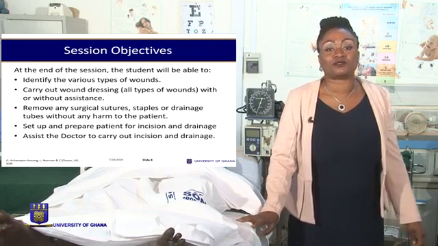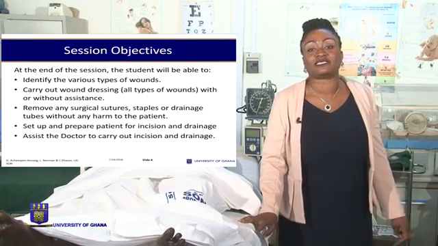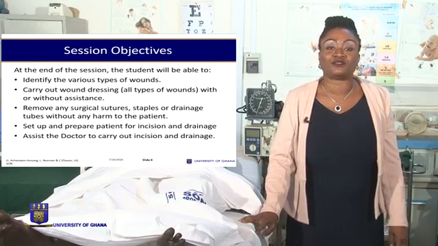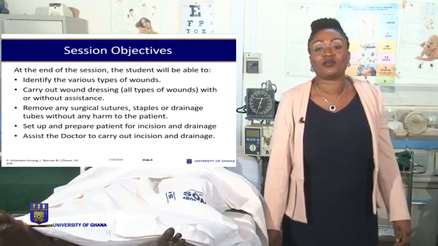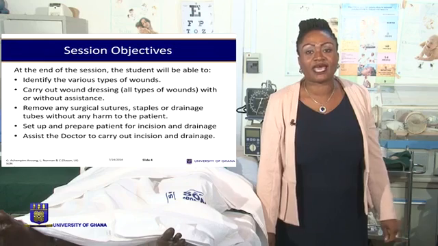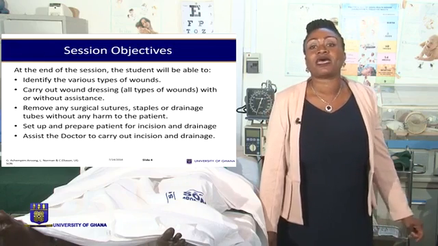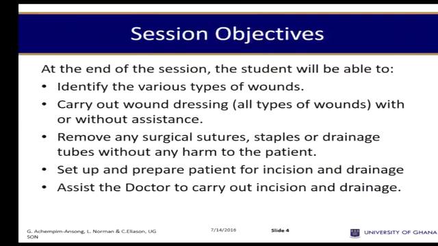You should be able to remove surgical sutures, staples, and drainage tubes without causing harm to your patients. And you should be able to set up and prepare patients for incision and drainage, and also assist the doctor to carry out these procedures.